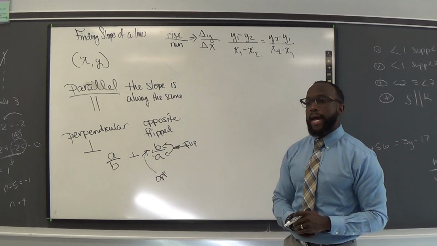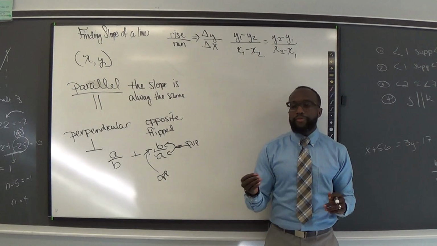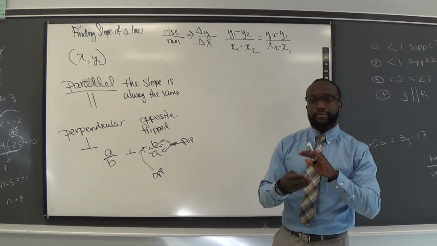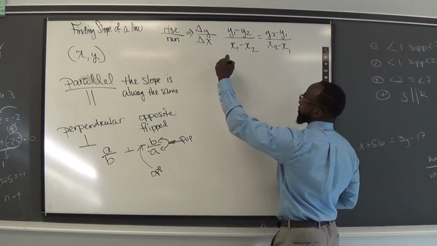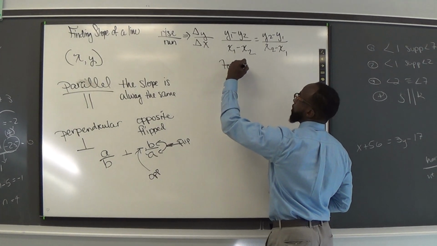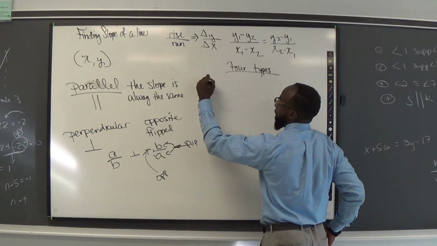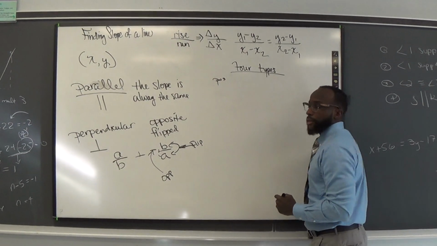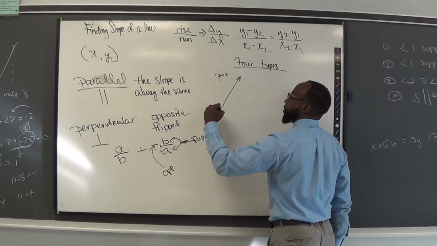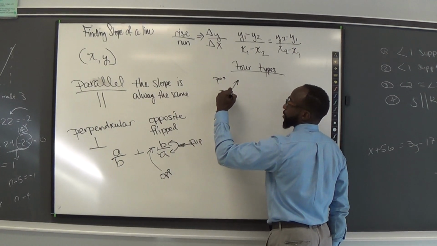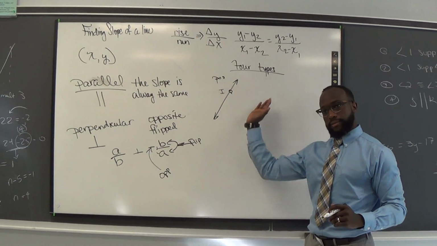Now, last year or before, when we talked about slopes, we got 4 types of slopes. We got positive slopes. Positive slopes always go towards the first quadrant. They're moving in this direction.